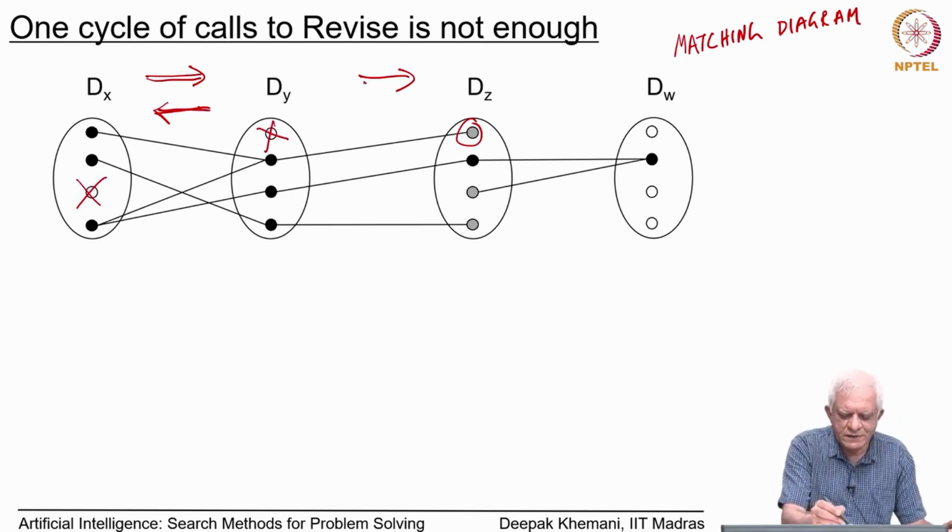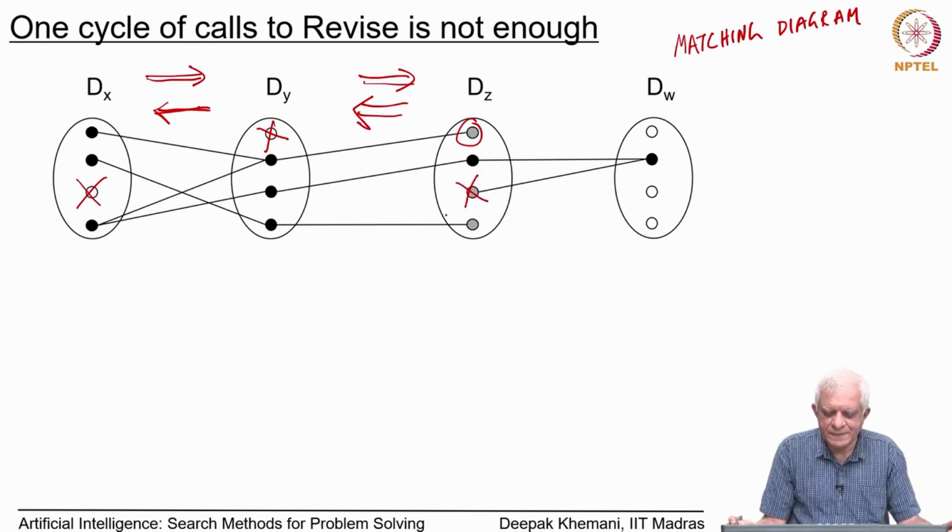When we do the third one, y with respect to z, we do not do anything because every value of y has a corresponding value in z. When we do the reverse, we find that there is one value which does not have a value in y, so we delete that value.